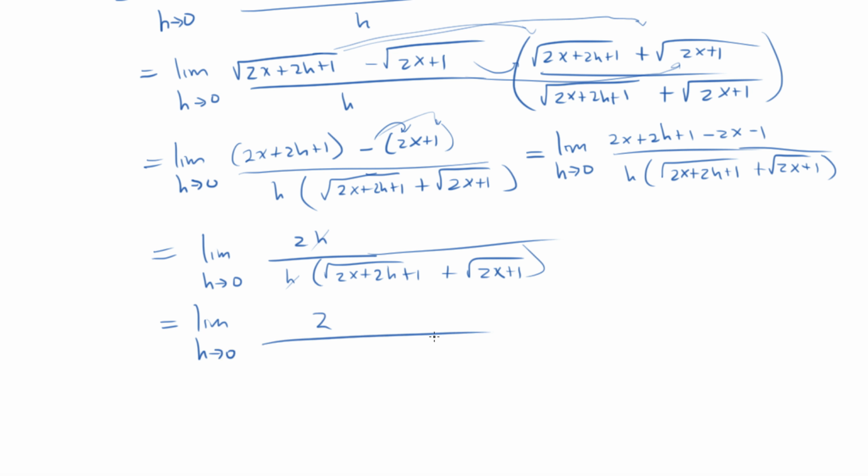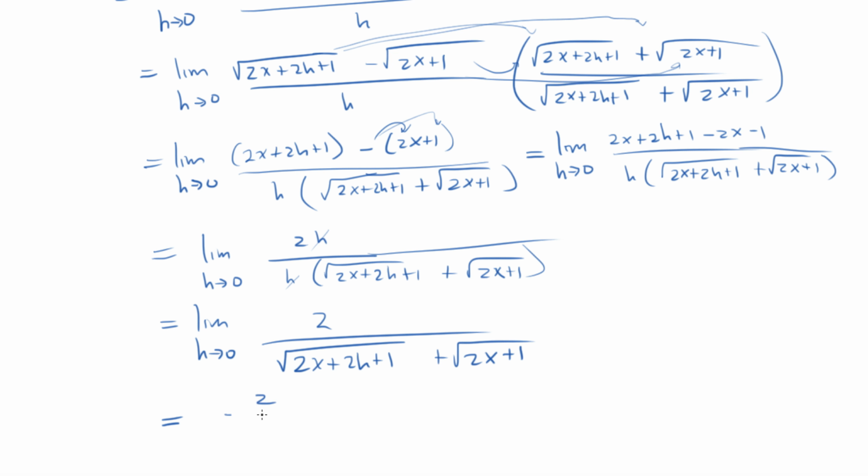this. So now that you got rid of the h's, now you can plug in the limit. Okay? And the reason you can do that is because you won't have 0 over 0 anymore. So now that you're plugging the limit, you can get rid of the limit. Okay, so we're going to plug in 0 for h.